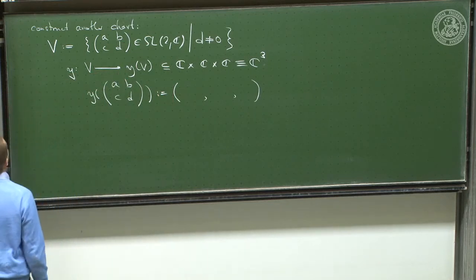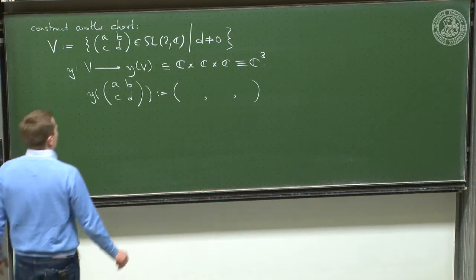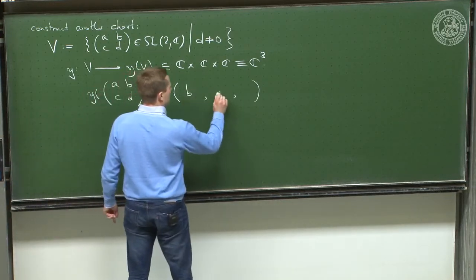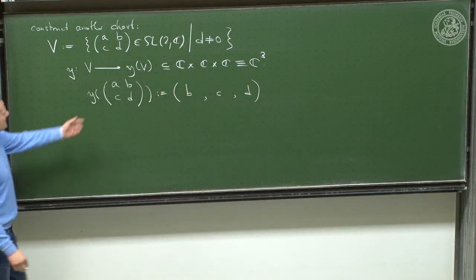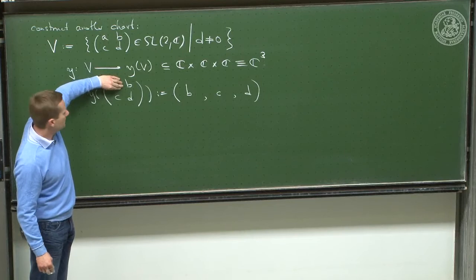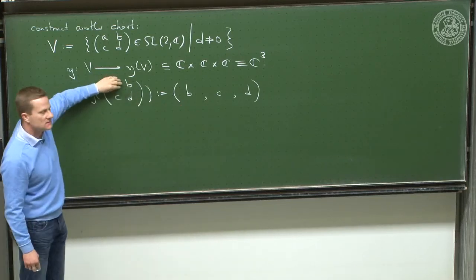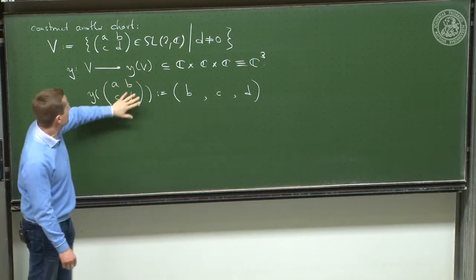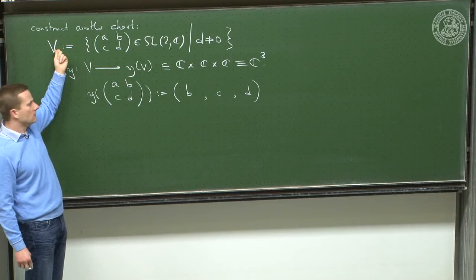Let me think, if the D, I divide by the D, then I get the A, so I can forget about the A. So I take B, C, D. Okay, so now I only look at B, C, D. I say these are the coordinates, the first, the second, and the third coordinate of this guy on this domain.